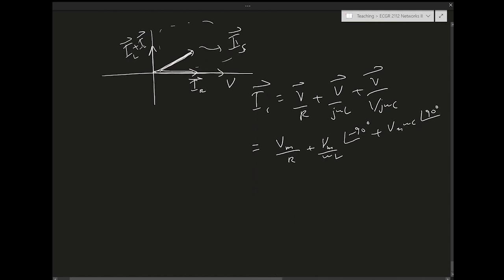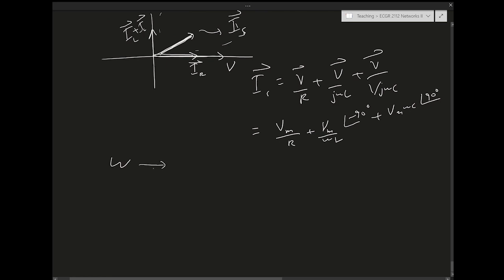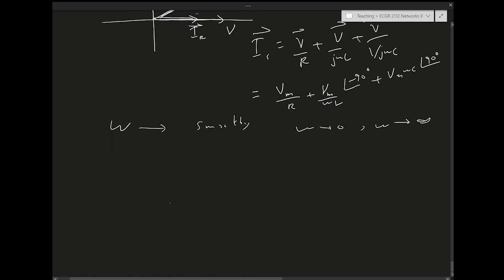Okay, so if we vary omega smoothly, meaning take omega from 0 to infinity, we will end up with such a situation for IS. So this is going to be V. We said if omega is small, we will be somewhere around here. This is IS1.